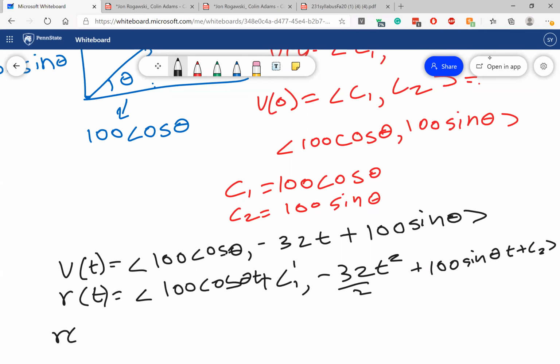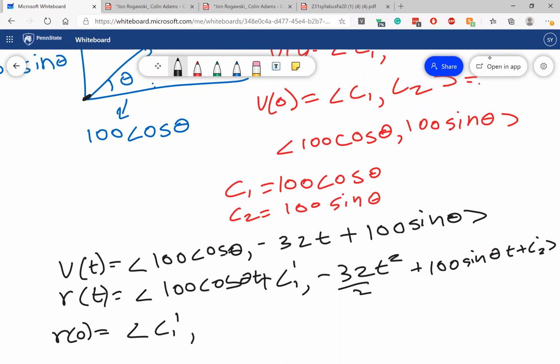Now at R0, we would be at 0, 0, because we would be right at this point, at the origin. But let's also see what R0 is from this perspective. Here we would get C1 prime.